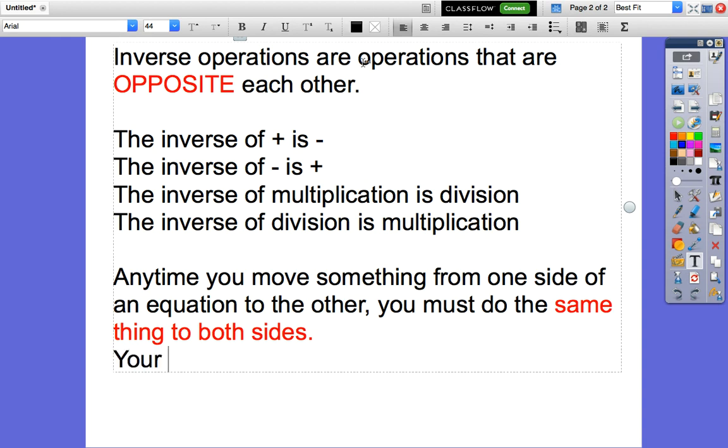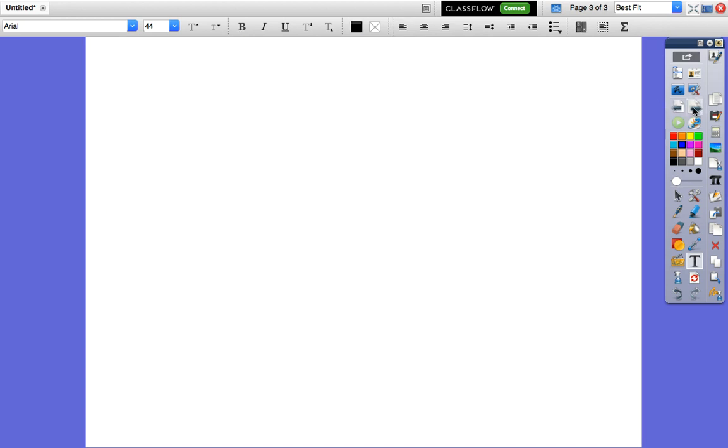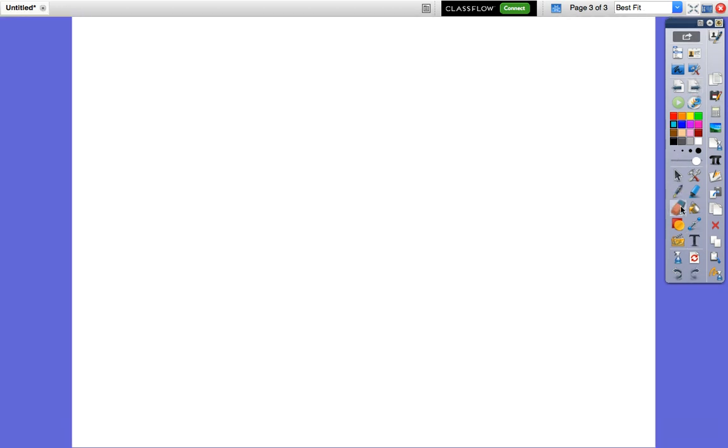Now, last but not least, the whole point of solving these equations is to isolate the variable, which means to get the variable by itself. So now I want to work a few example problems with you. And if you get confused on why I'm doing what I'm doing, go back and watch the guided notes part and follow that flow chart.